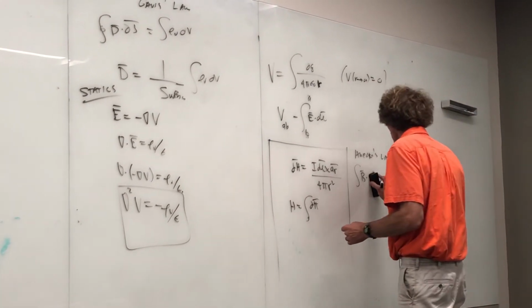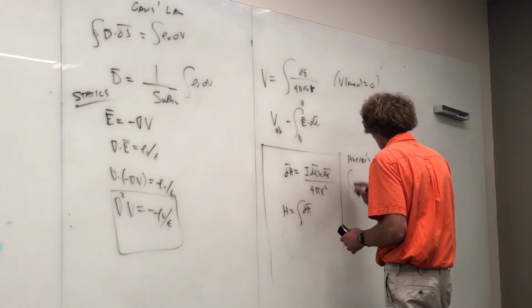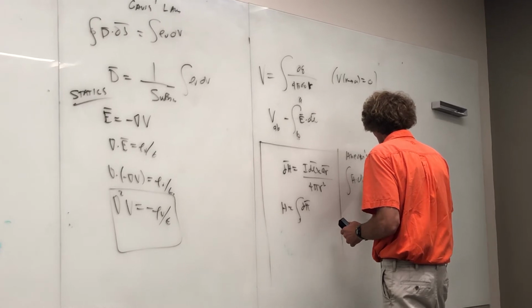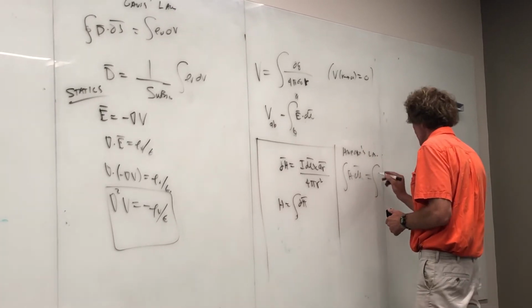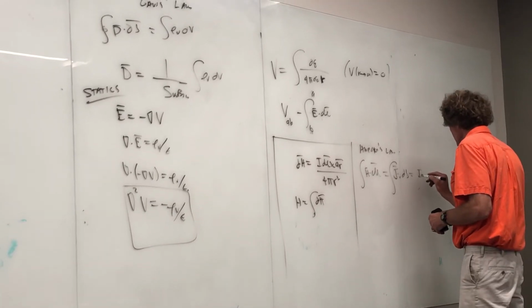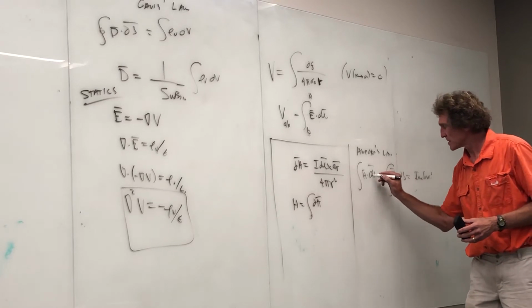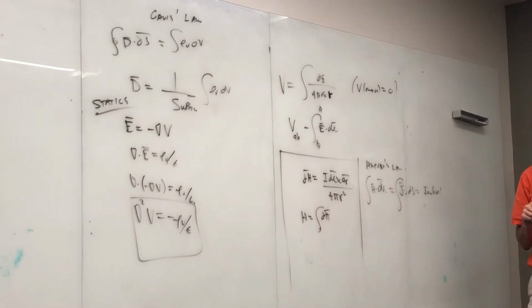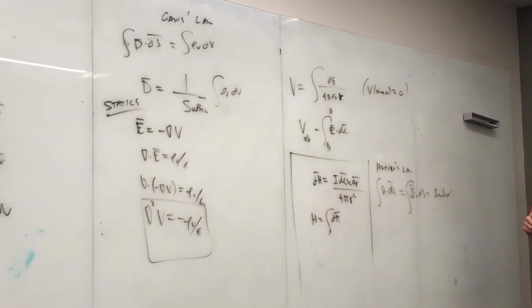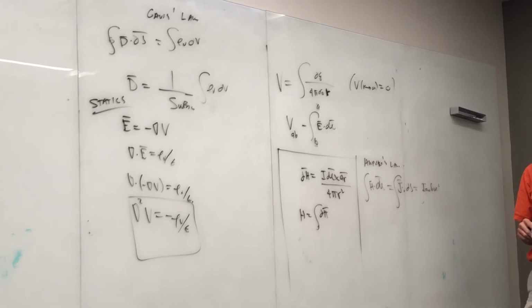Let me write it this way, pardon me. The integral of H dot dl is equal to the integral of J dot ds is equal to I enclosed. What I said before wasn't right. Okay? And usually for this, you're talking about cylindrical systems, almost always.